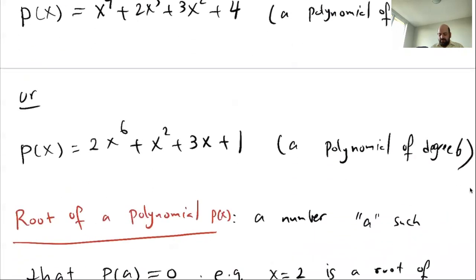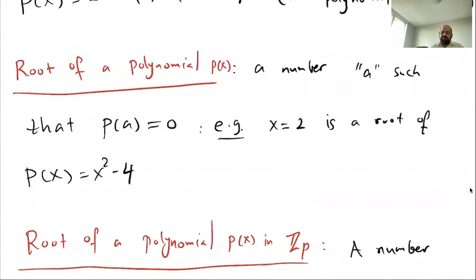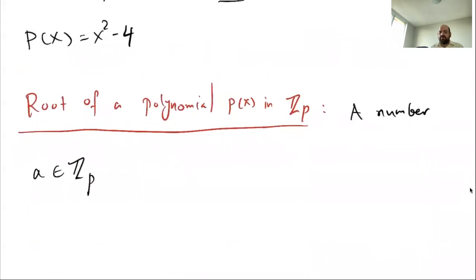Now this time, in the standard case a root means any real number a such that P of a equals 0. But for a root of a polynomial P of X in Zp, you can probably guess that means a number a, but this time a has to be chosen from Zp, because when we say a polynomial in Zp, our universe is just Zp. We are not allowed to choose any number outside Zp.